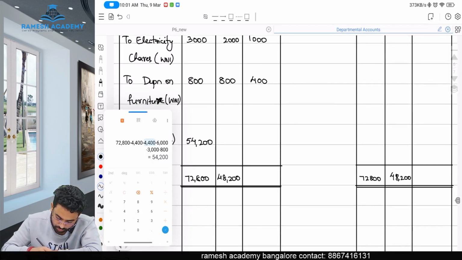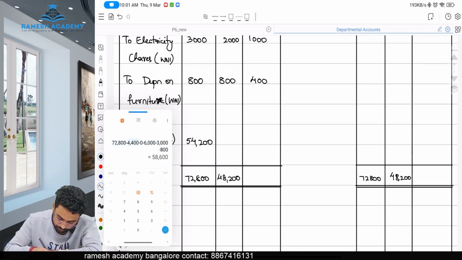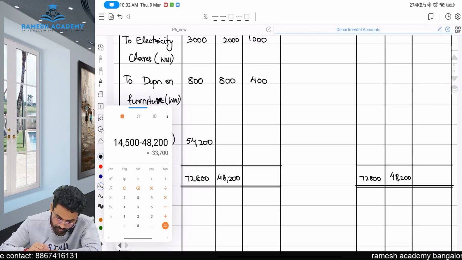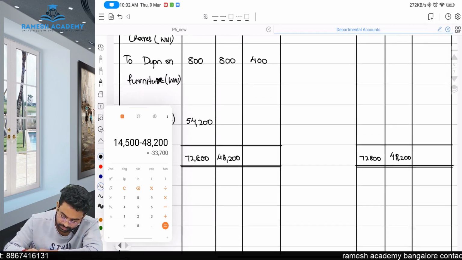So 14,500 minus 48,200, which will come to 33,700.